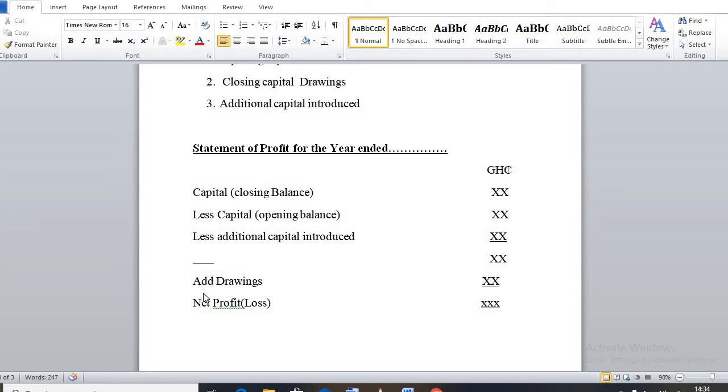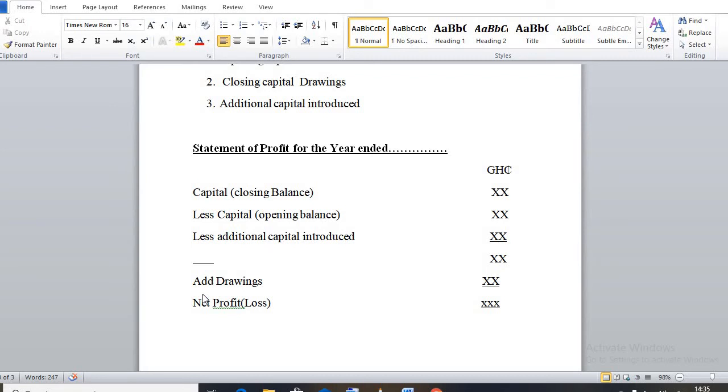Okay, had it not been for the drawing, or if the owner had not taken any resources from the business, it means the closing capital of the business would have been more than what will be shown in the books. So we have to add the drawings that have been made from the business by the owner, so that the actual profit for the period, or the actual amount of closing capital, will be known.